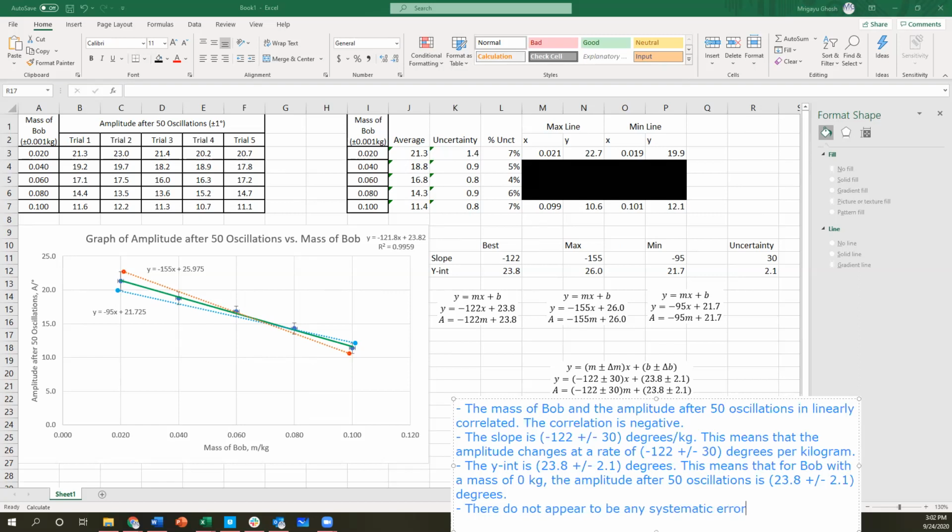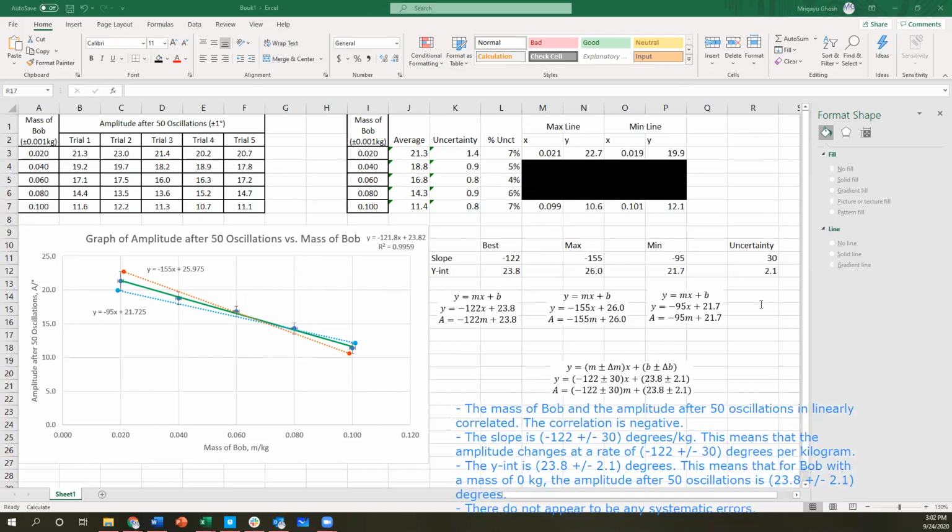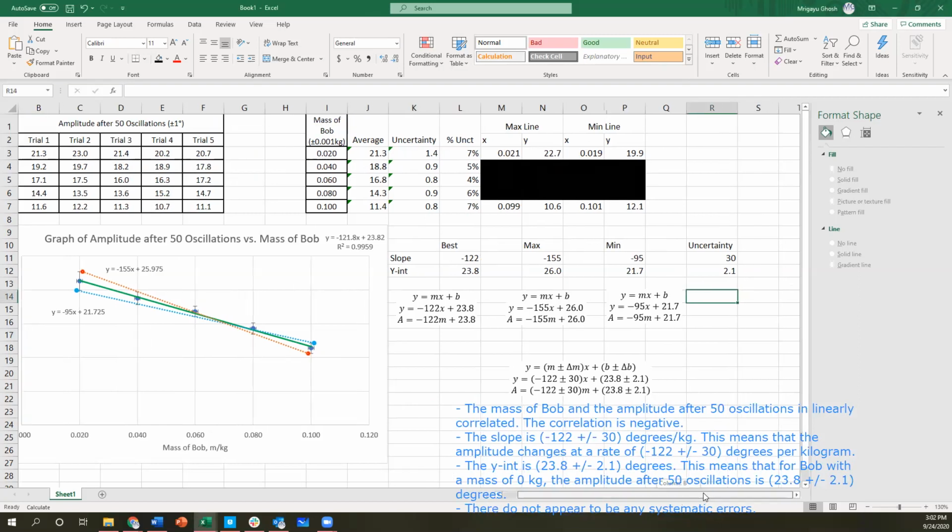Now, random error. Let's calculate the percentage uncertainty so we can quantitatively tell if we have high random error. Random error in this case is going to be looking at percentage uncertainty, and percentage uncertainty is equal to our uncertainty divided by our best value.